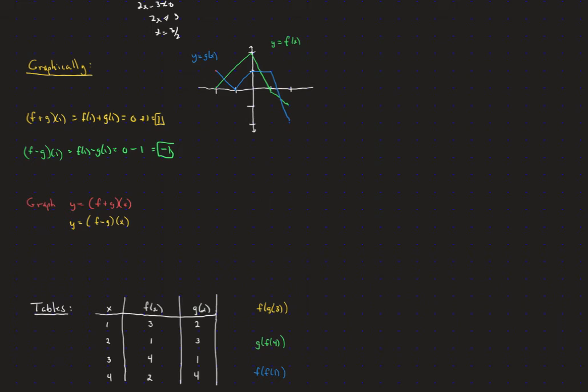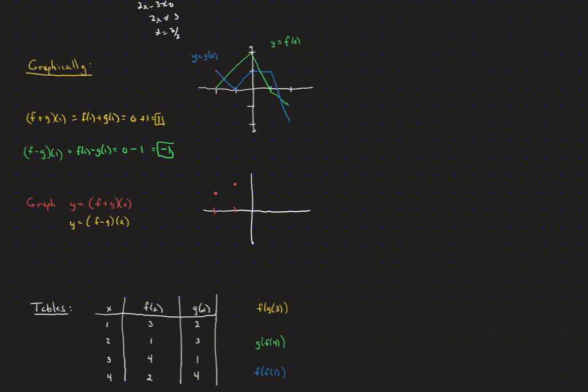Let me try that over again. Okay, so when we go to negative 2, we're going to have 0 plus 1 is 1. And when we go to negative 1, we're going to get 0 plus, it looks like, about 1.5. So I'm going to go right there.